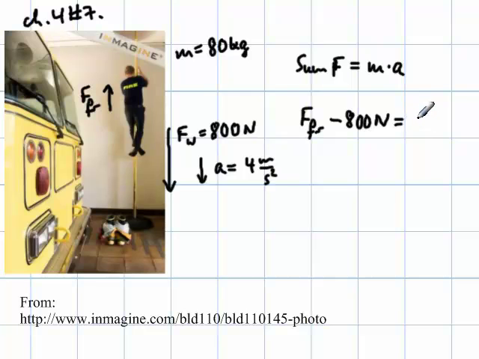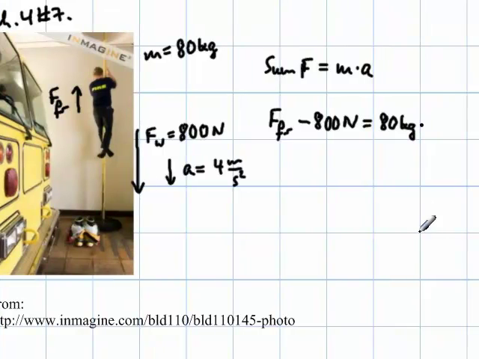And that equals 80 kilograms times 4 meters per second squared. But just like the force, his weight being downward, his acceleration is also downward, so I should call this a negative here. Okay, let's see what we get.